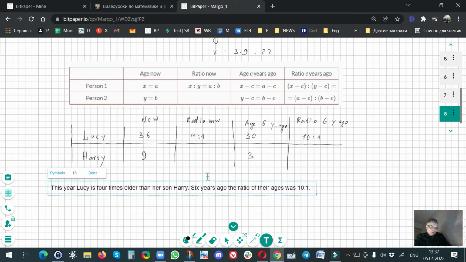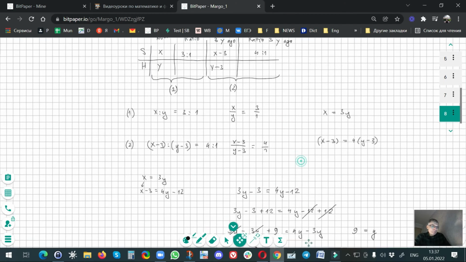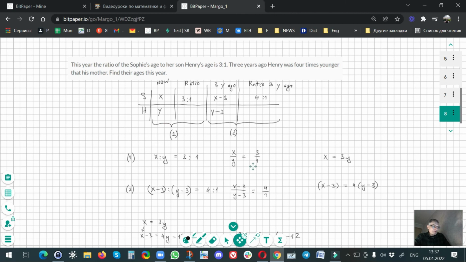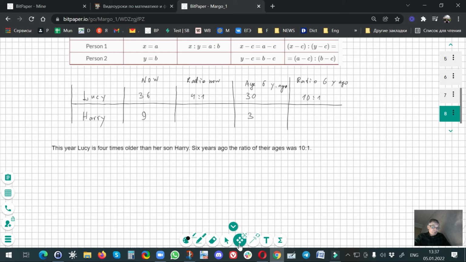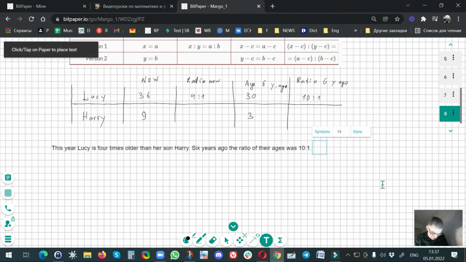What did I ask in the first place? Find their ages this year. Okay, then let's find the difference. What is the difference of their ages?